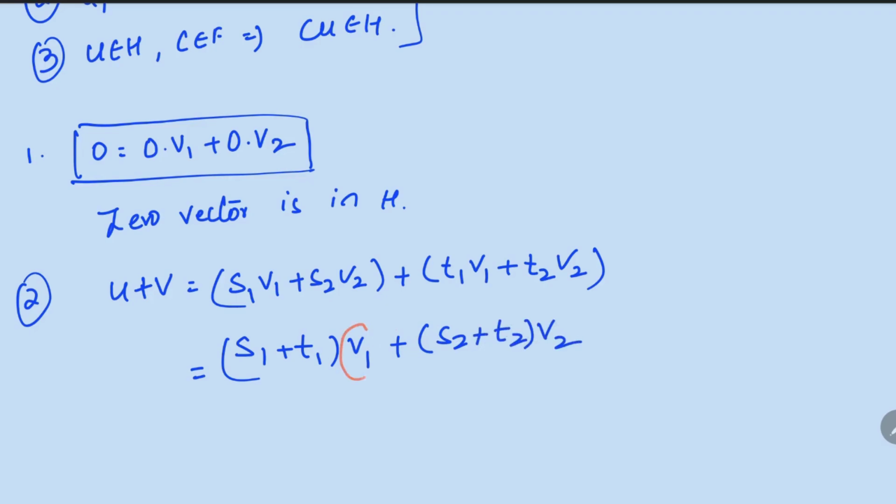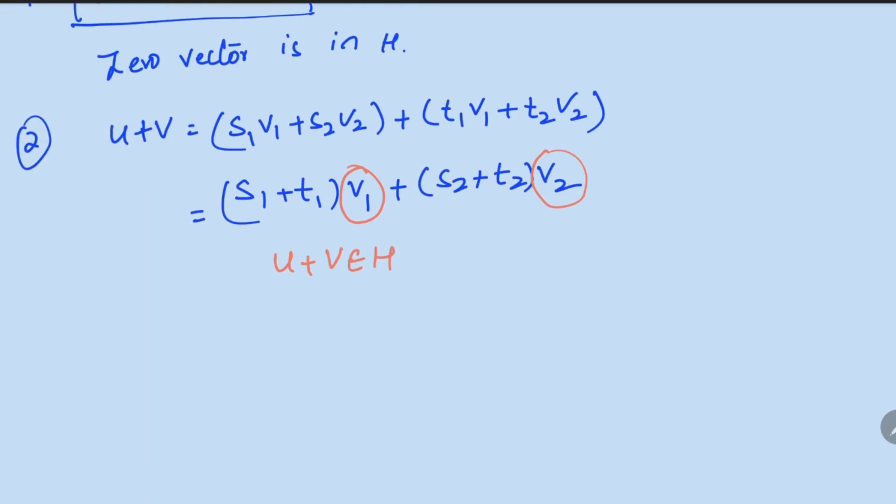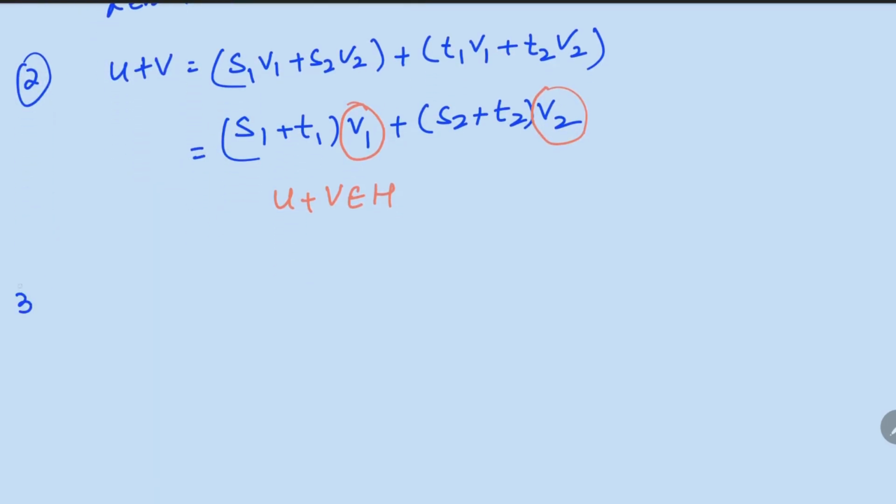Now we have written it as a combination of v1 and v2, so directly we can say that u plus v belongs to H. Now what is the third property? It is cu, where u belongs to H and c is a scalar.